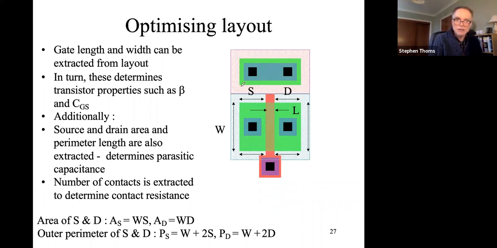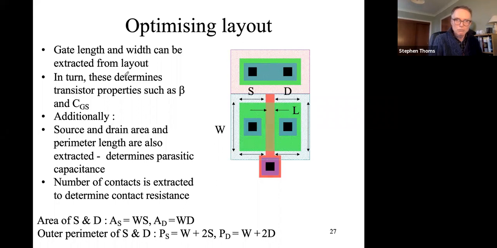So here we have some sort of layout for a transistor. And if you're optimizing it, you need to know what the parasitics are. Having got the parasitics, we can then make some sort of model and understand what's going to be the best layout.